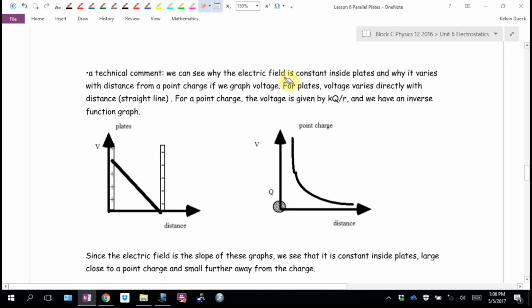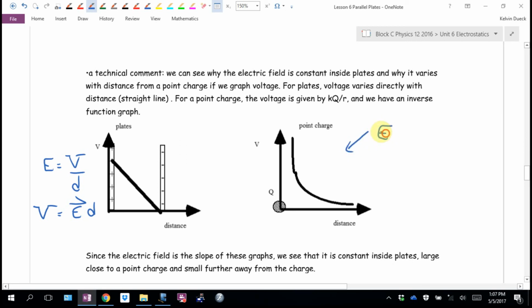We can see why the electric field is constant and why it varies from a point charge if we graph them. The equation here for electric field is voltage over D. Really, what we're saying is voltage equals electric field times distance. It gives you a lovely y equals mx straight line.